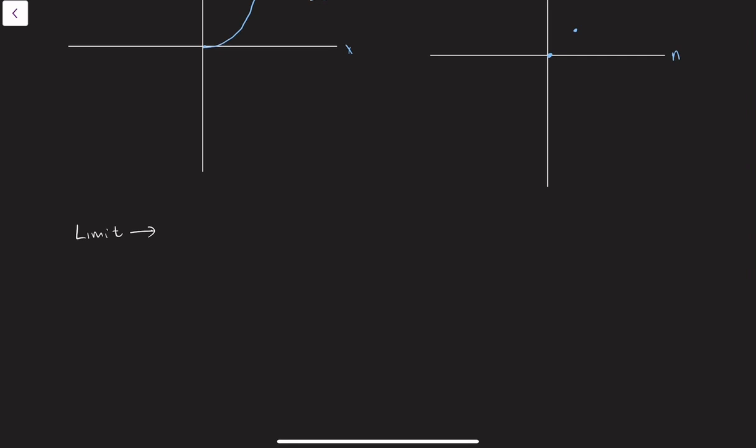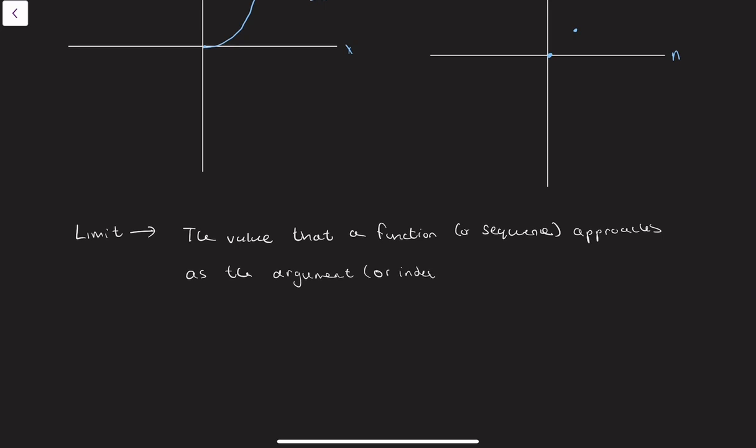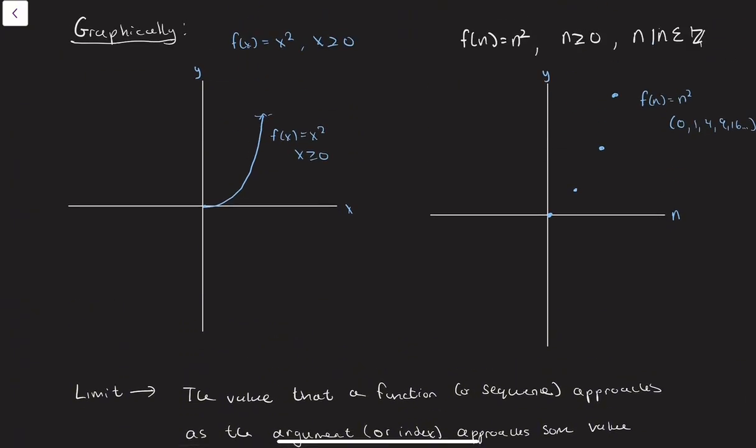I'll do a full proof video on what a limit is in the future, but a limit is just the value that a function or sequence, in this case we really care about sequence, approaches as the argument or index approaches some value.